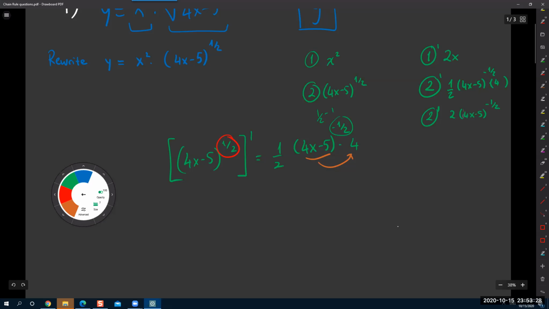Actually, let's organize them in a better way. Let's erase this one. I'm just going to write the simplified version: 2 times 4x minus 5 to the negative 1/2 power.